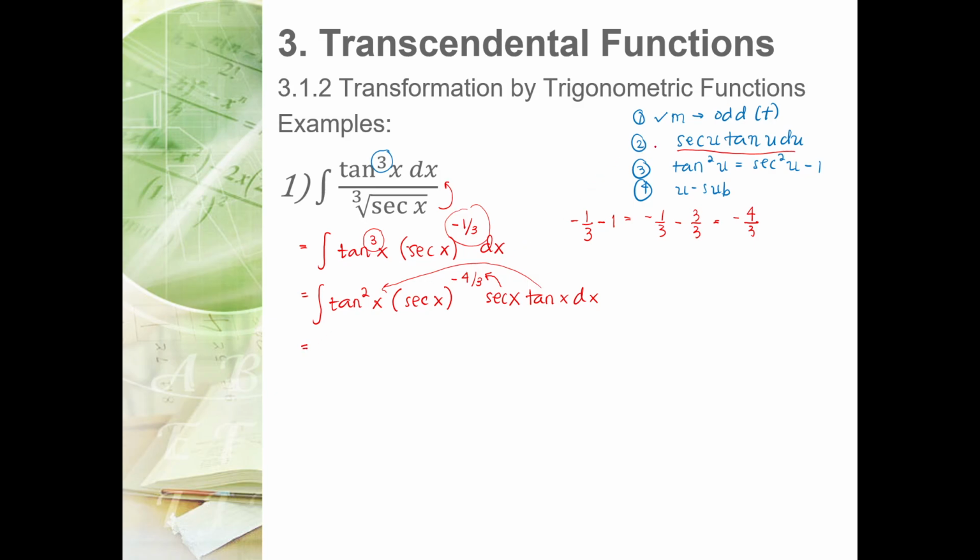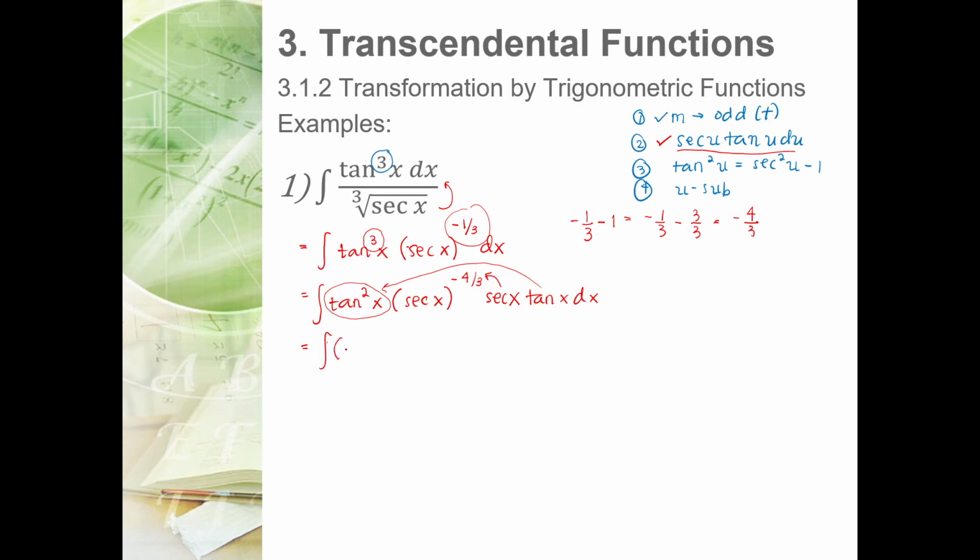So we are done with this step. Next, we replace tangent squared u with secant squared u minus 1. Notice that we still have a tangent squared left. Unlike the previous example, since there's no secant squared left in the process, that's why we skipped the step and went immediately to the u-sub technique.